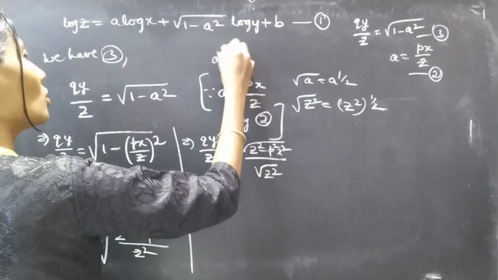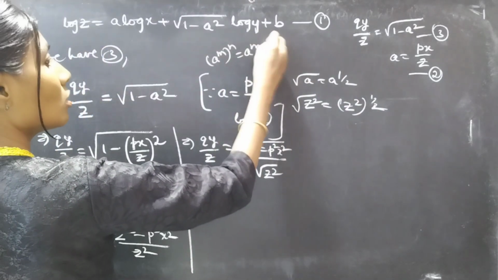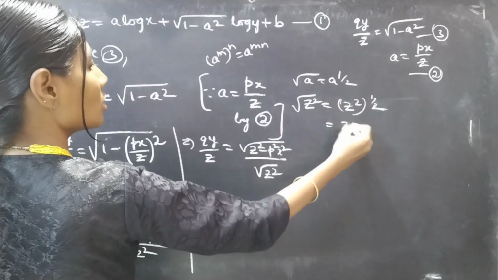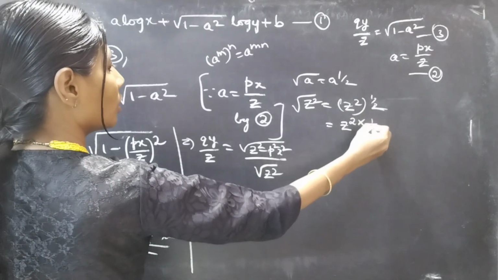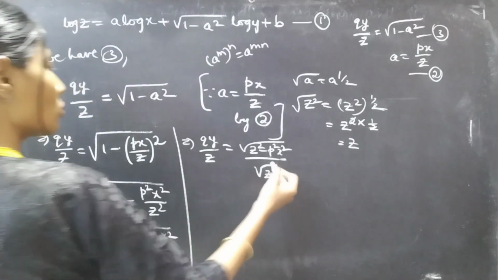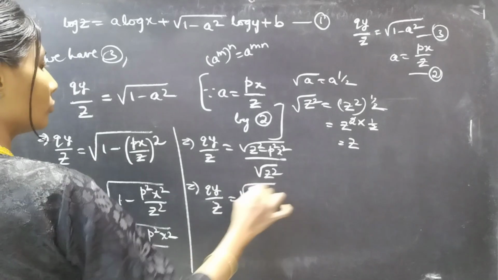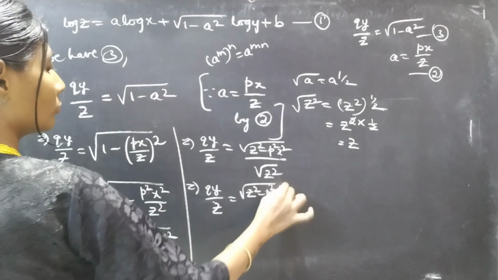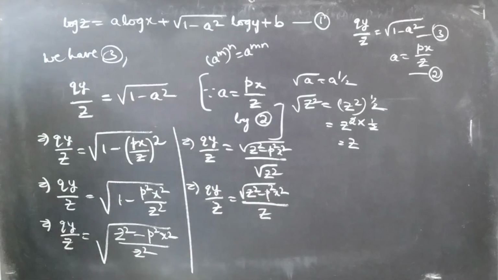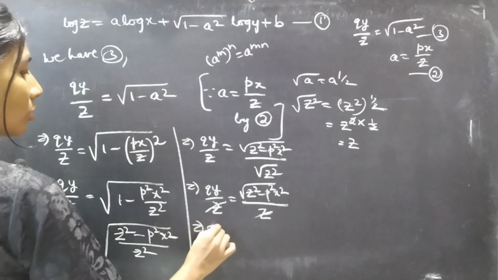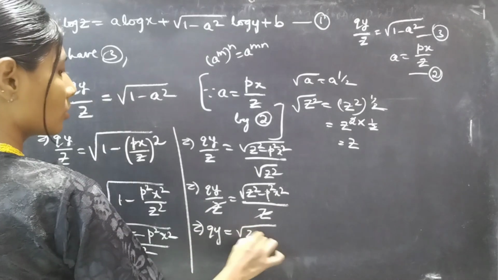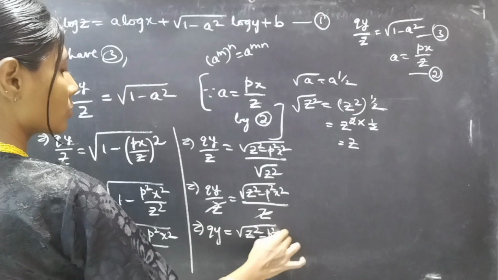Also we know that a power m whole power n equal to a power m into n. So we can write z square power 1 by 2 as z power 2 into 1 by 2, where 2 gets cancelled, we'll get z, right? So square root of z square is z. Z gets cancelled and you'll get qy equal to square root of z square minus p square x square.